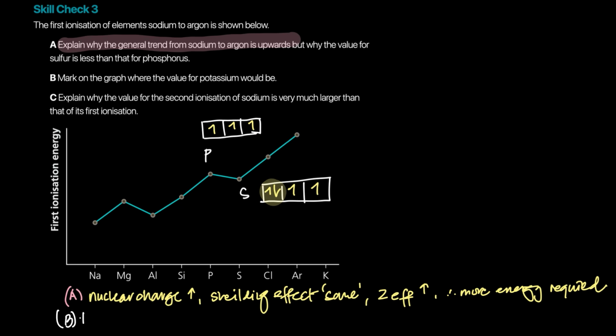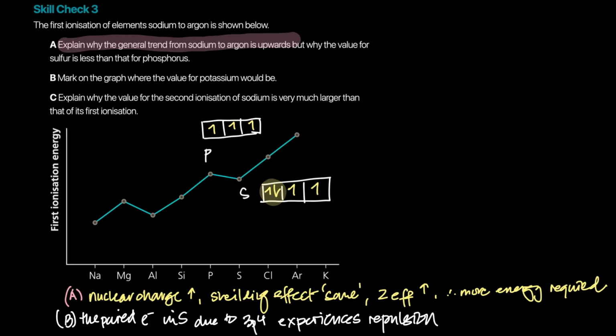So the paired electron in sulfur, due to 3p4, experiences repulsion from the electron in the same orbital. That's the basic answer.